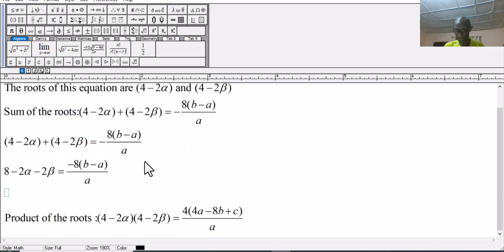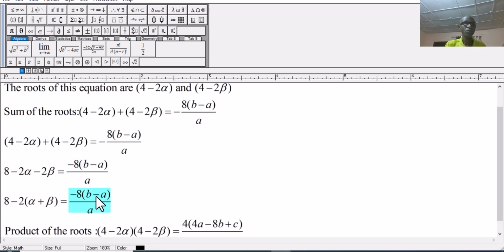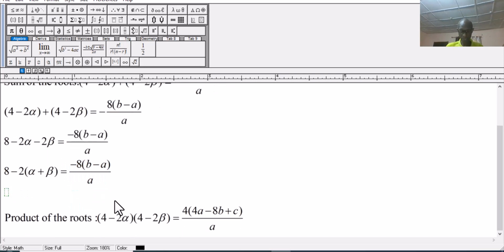So we now have 8 minus 2 into alpha plus beta. I'm factorizing. Now we can subtract 8 from both sides.